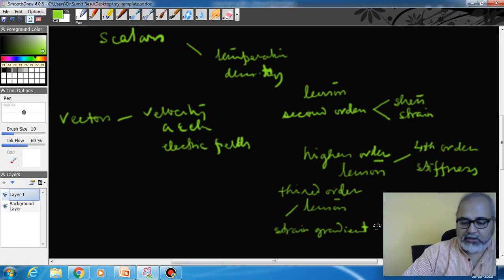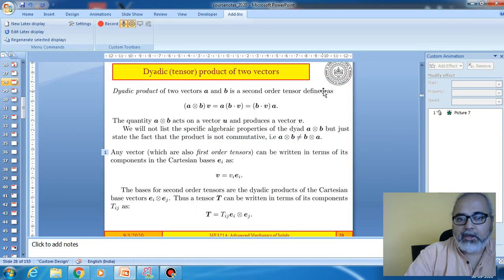So we have learned about all these different kinds of quantities. Basically, the definition starts with the idea of a dyadic product, which we have defined here in the last class.